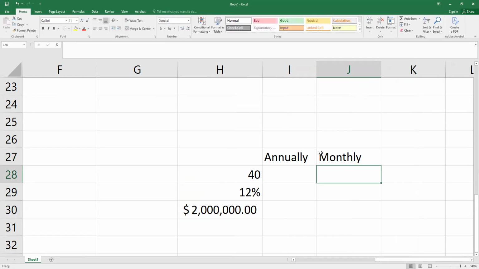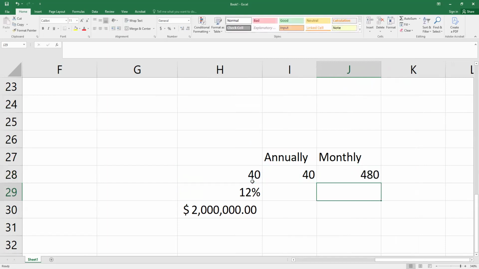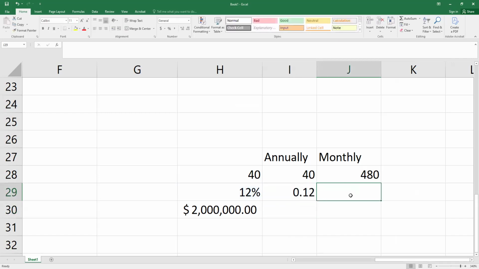Now, if you calculate, 40 multiplied by 1, 40 multiplied by 12, 12% divided by 1, and 12% divided by 12.